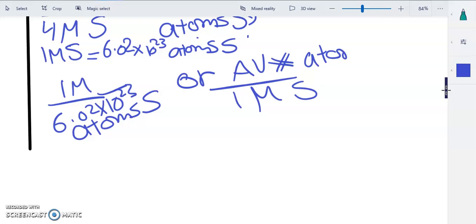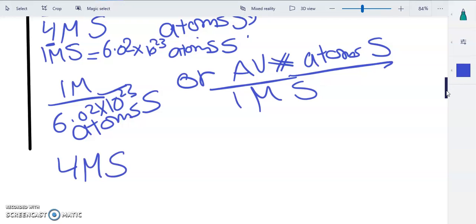Atoms sulfur. Okay. So now we start with our input or the given, 4 mole sulfur, and then we need to decide which conversion factor we should use. So we need to get rid of the M for the mole, so this has to be in the bottom.